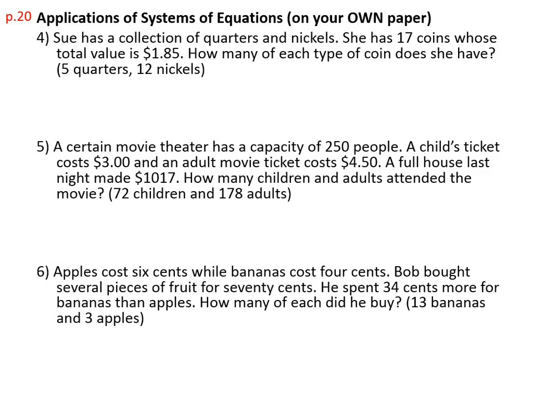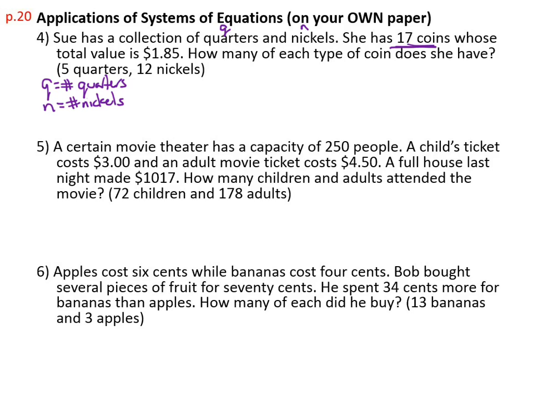So again, first thing we want to do is define our variables. So we can say that quarters are Q and N are nickels. So Q is the number of quarters, where N is the number of nickels. And they tell us that she has 17 coins.